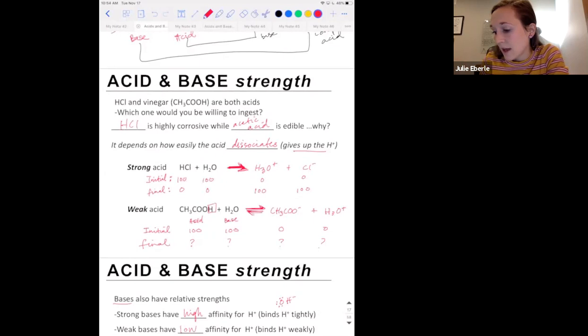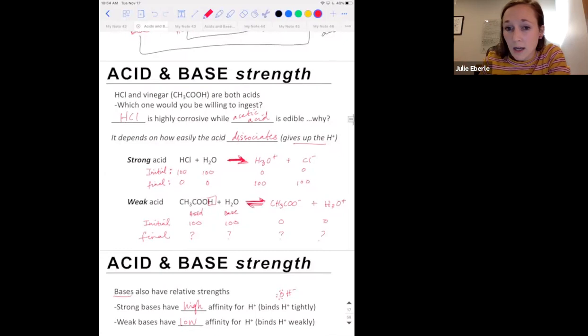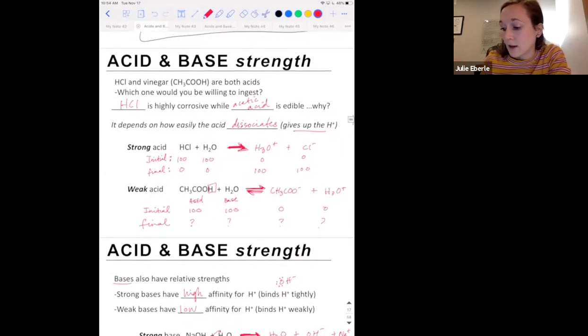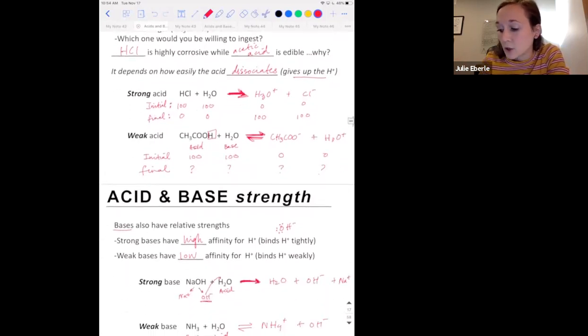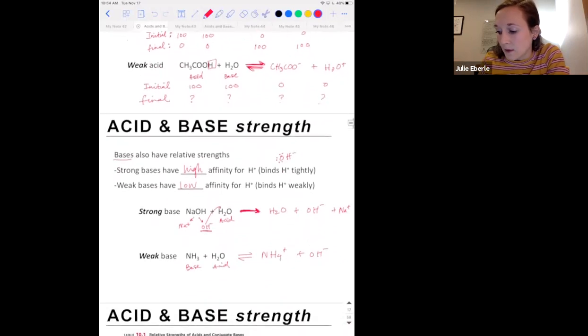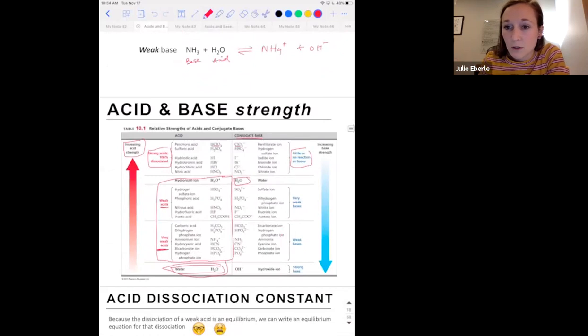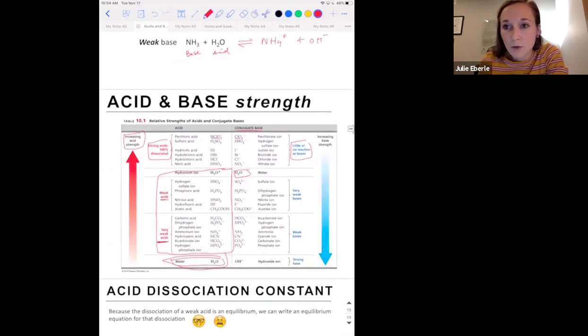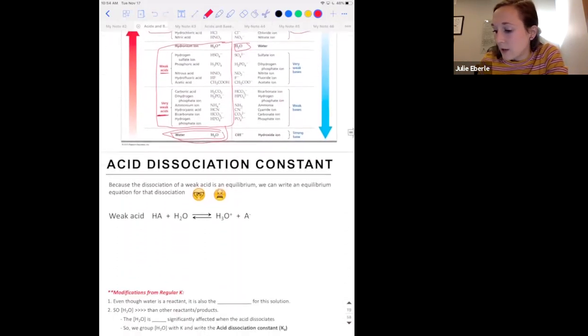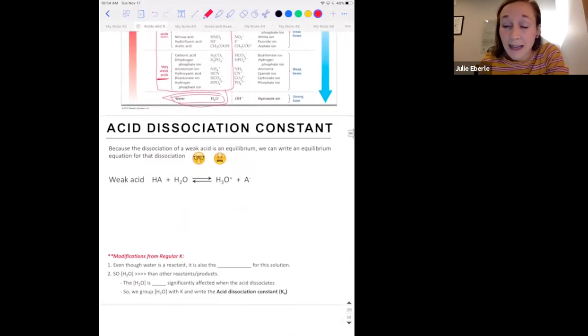With those, we can have an equilibrium set up, because these products can reform together and remake your initial acid and base. And then we approached the strength of bases as well. I gave you this resource, the table is in your textbook, and we talked through different sides of it. And now we're going to really dive into weak acids.